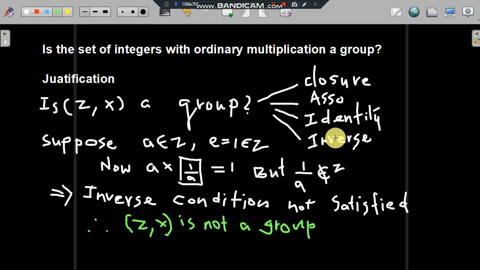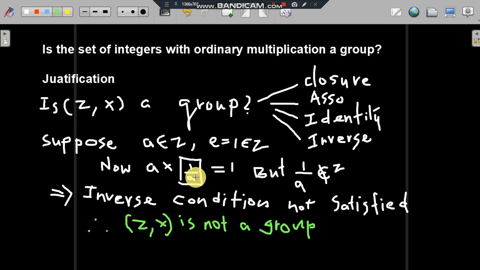But one condition, inverse, is not satisfied, because the inverse condition says that for all A belonging to Z, we must have an inverse such that, when you multiply it with A, that number also must belong to Z, and the operation of any element with this number must give the identity.